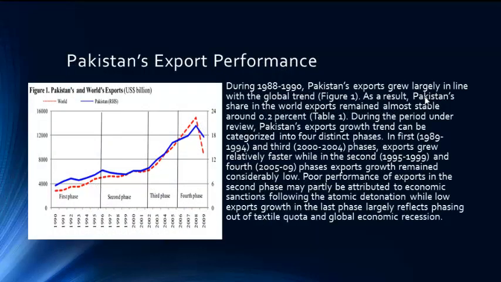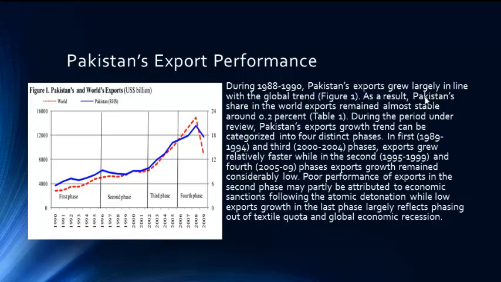Alright, here's a picture of Pakistan's export performance. As you can see, the idea that is widely believed is that we have done a terrible job on exports. If you look at the world export, our performance has been more or less in sync with that.